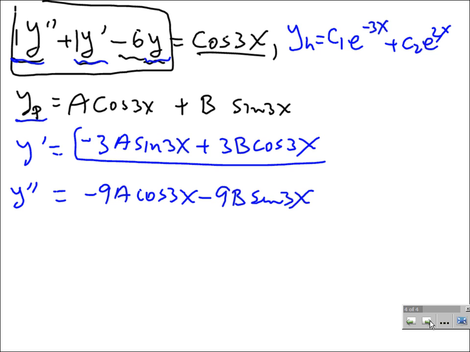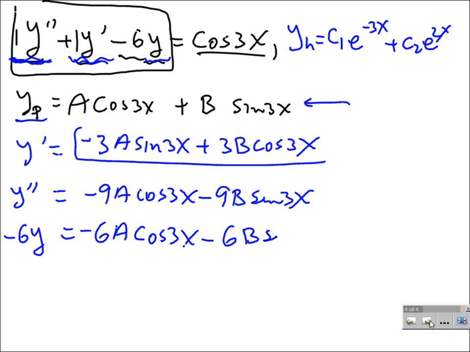And it's good that everything in blue in the bottom are two things that I want to add. And now I'll write down what negative 6y is. Since that's y, I will just multiply it by negative 6. Negative 6a cosine 3x minus 6b sine 3x.